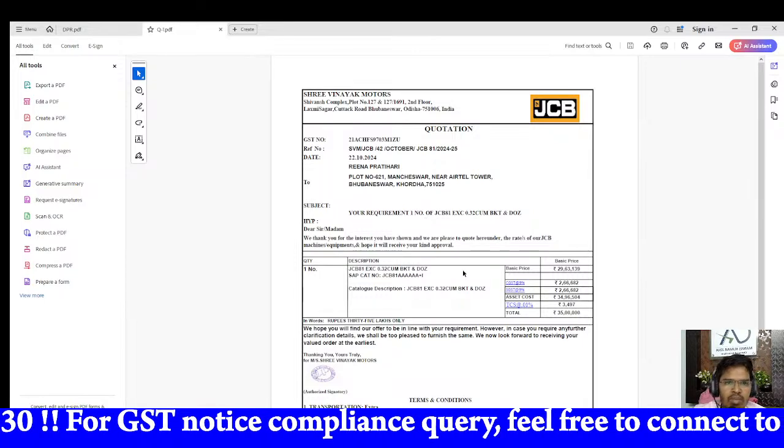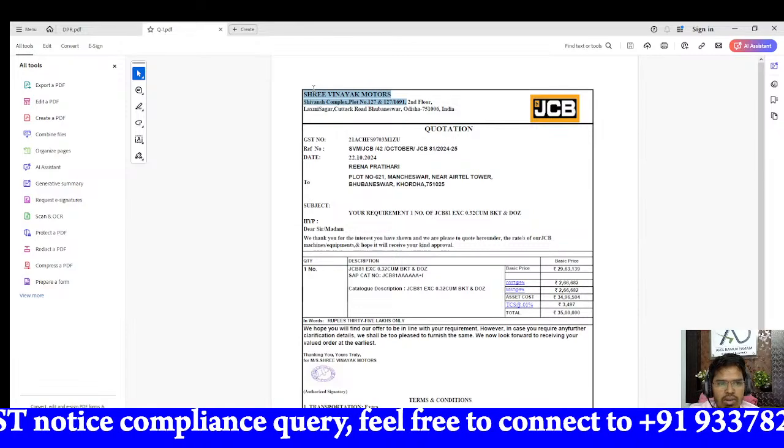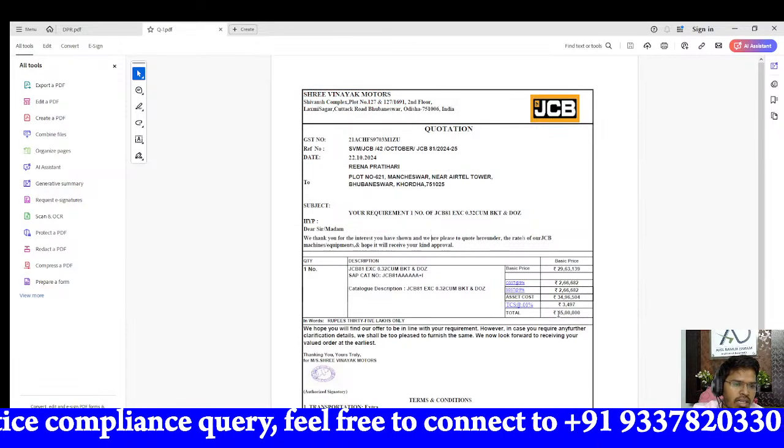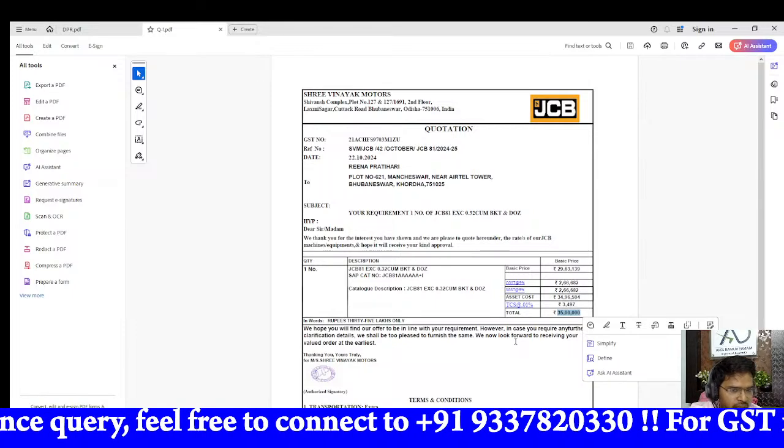For example, my client has received a quotation from Sri Vinayak Motors, which will cost 35 lakh to the client.